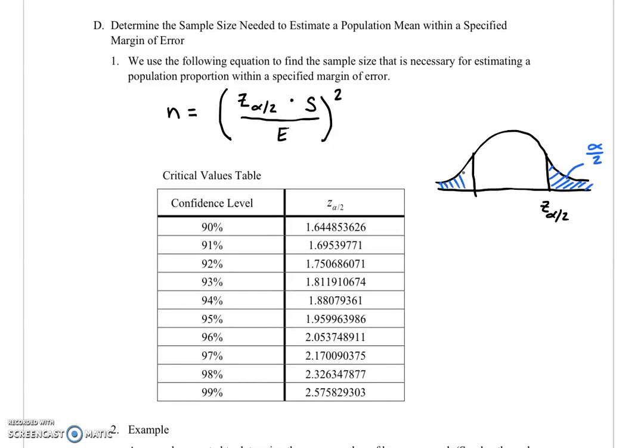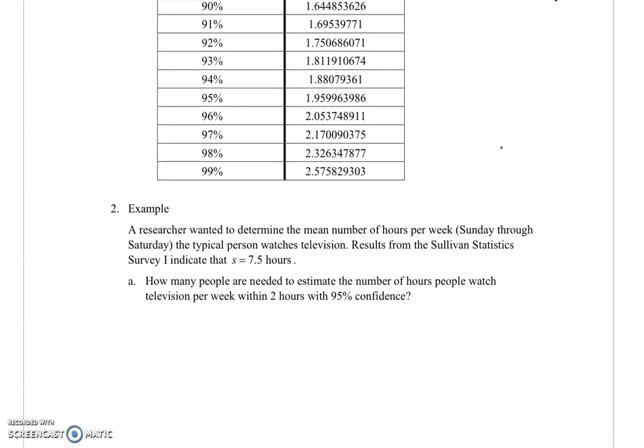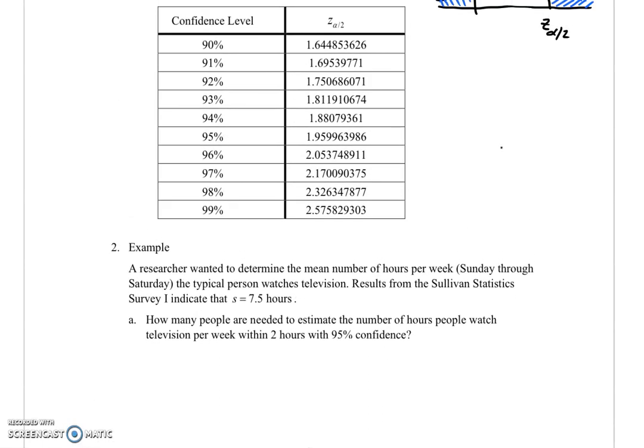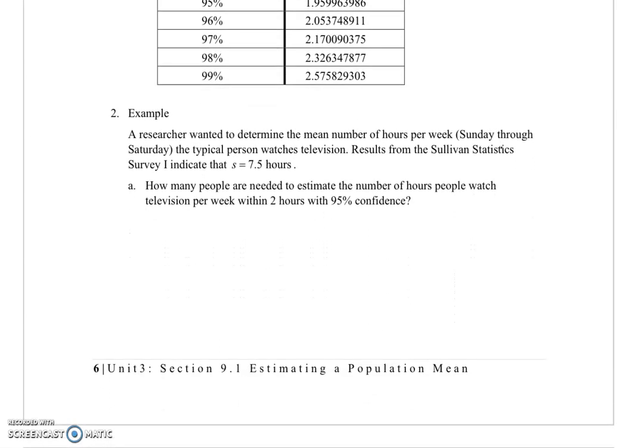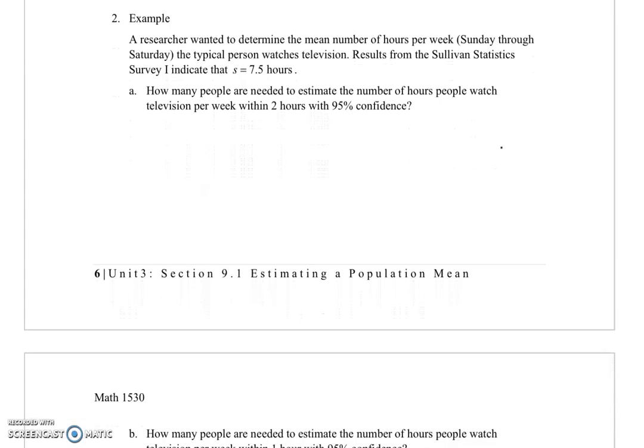Remember, there's also an area of alpha over 2 in the left tail. And our confidence level is the area in between the two tails. So I've just reproduced those critical values in the table again for you. It's the exact same table as was in section 9.1.